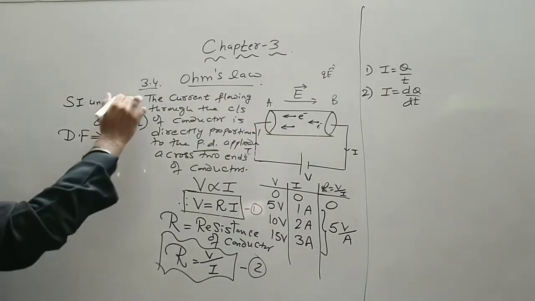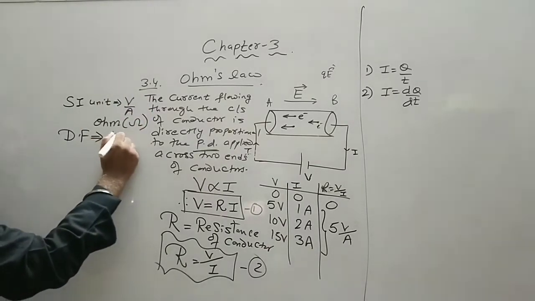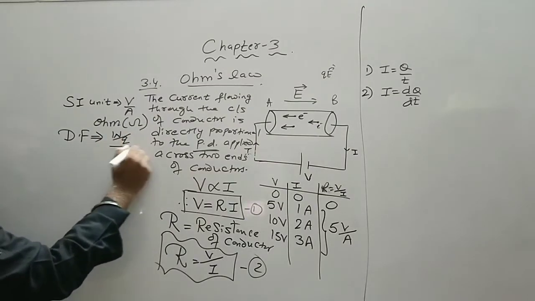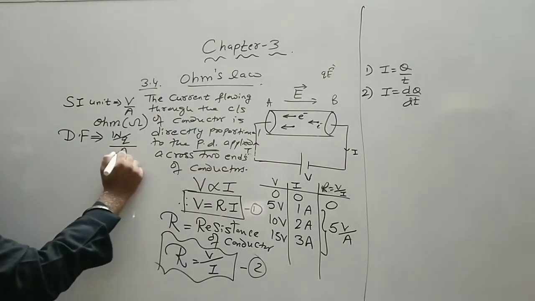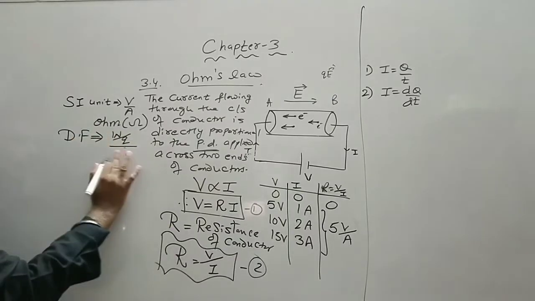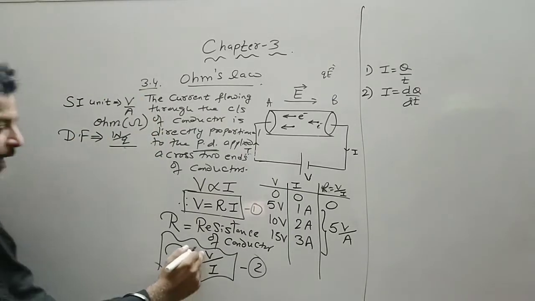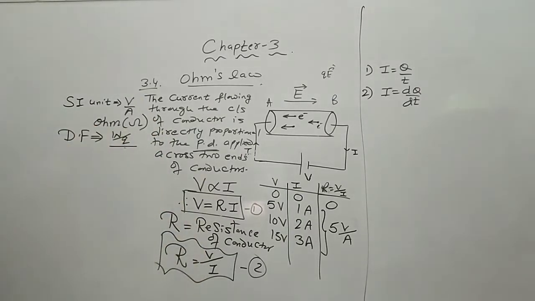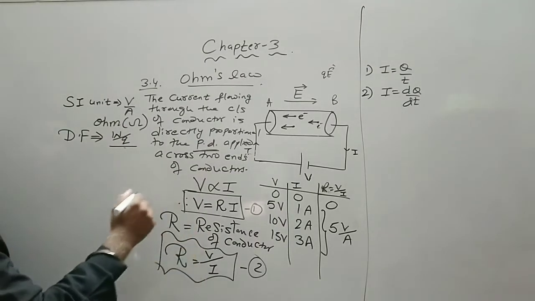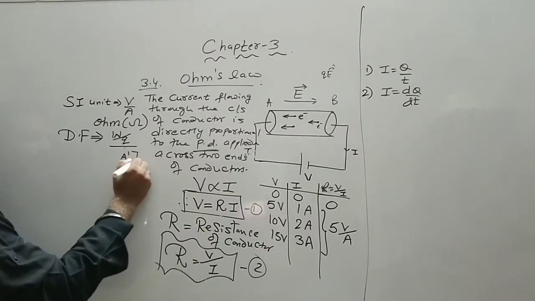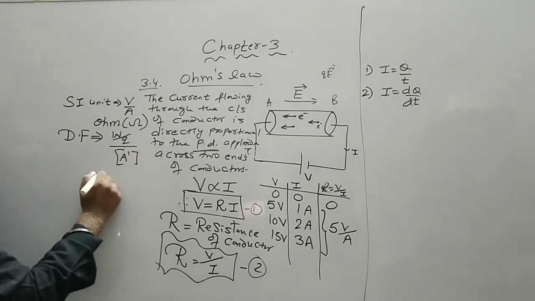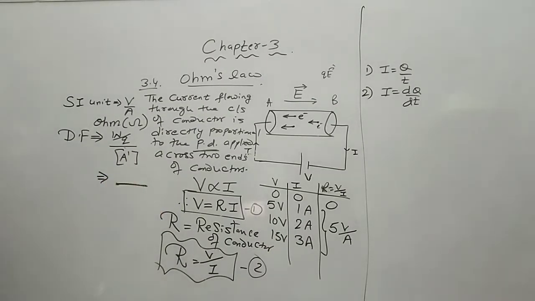Now we know that V is equal to work upon charge, divided by ampere, that is current. So for V, I write work upon charge, that is work done to move a unit positive charge. And for current, the dimension can be written as A1. So this you can do yourself.